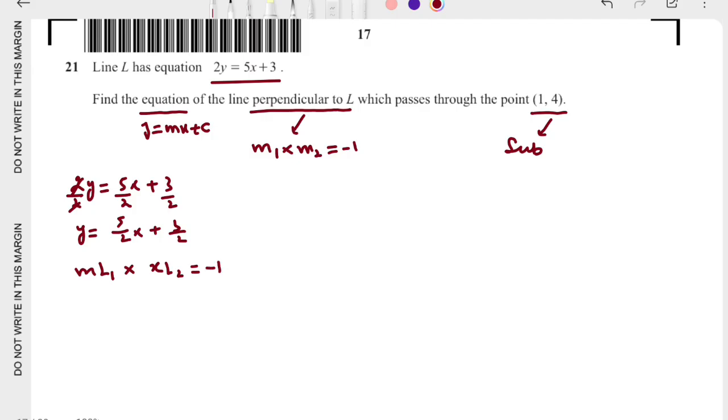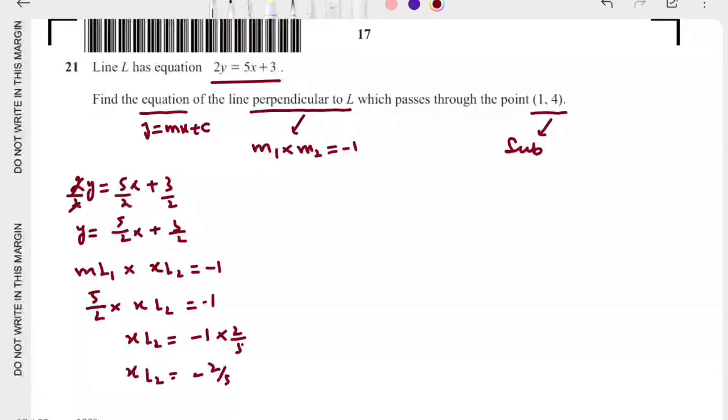The product of both gradients is equal to -1. So 5 by 2 times the gradient of L2 is equal to -1. So we'll shift this value over there. It will be the reciprocal, 2 by 5. So the gradient of the second line would be equal to -2 by 5.